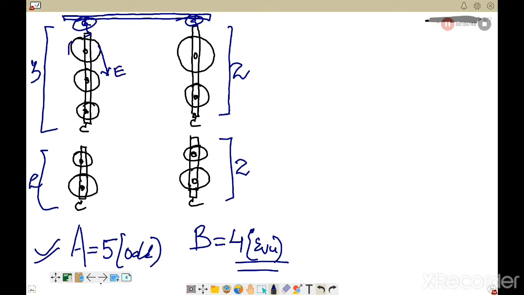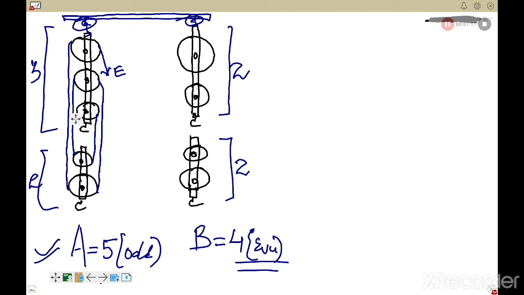Now from the first pulley on the top, you go to the lowermost pulley, pass the string from here, then again go to the second topmost pulley, pass the string from this pulley and go to the topmost pulley of the lower block, and then you pass through the last pulley of the upper block, and the remaining string you pass and attach to the axle of this lower block. This is how you make the string pass through all the pulleys.